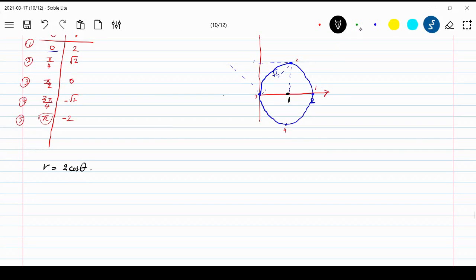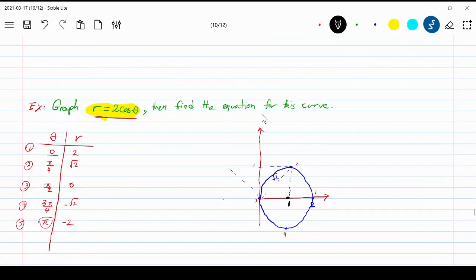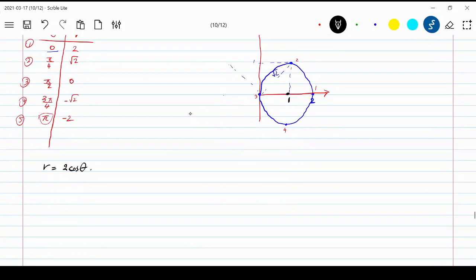We want to write it in terms of x and y, getting rid of r and theta, so we want the equation for this curve depending on x and y. We can get rid of r, we can get rid of theta, but the easier way normally is to make this r squared. So what I can do is, this is a trick, you can multiply.